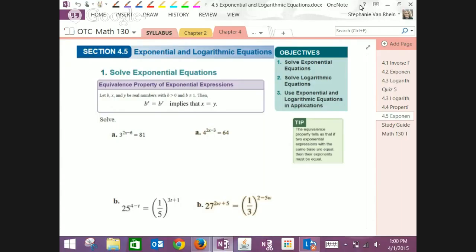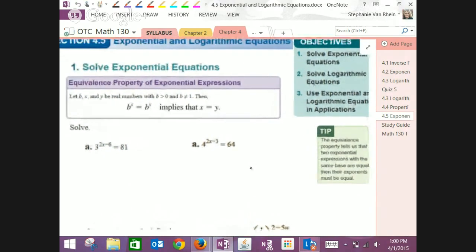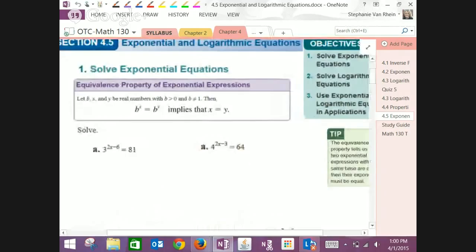So the first is solving exponential equations. And the first theorem states, if I have a base to a power equals a base to a power, then the 2 powers have to be equivalent. Okay. So there's 2 ways to approach this. You can take log base b of both sides.